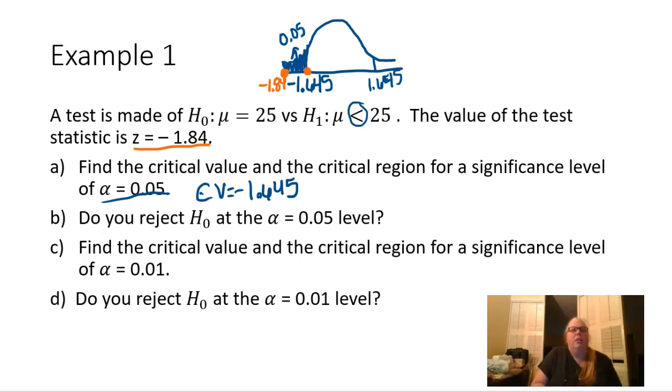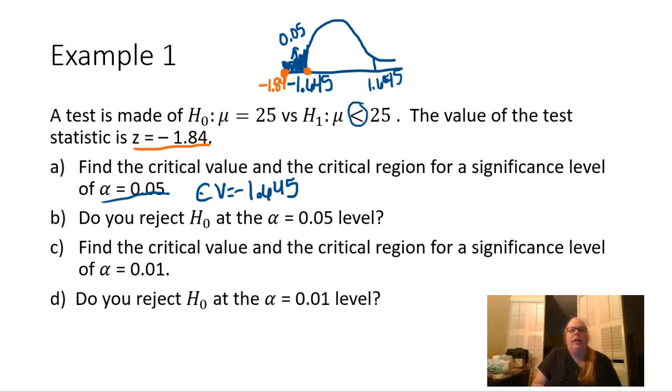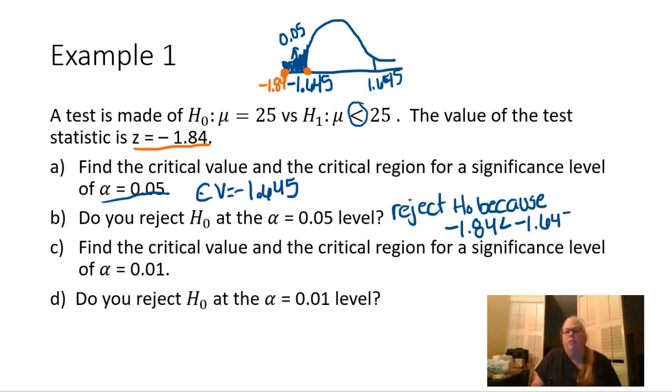So whenever our z statistic is less than our critical value, then we are going to reject the null hypothesis. We will reject the null hypothesis because our z statistic, negative 1.84, is less than our critical value, negative 1.645.